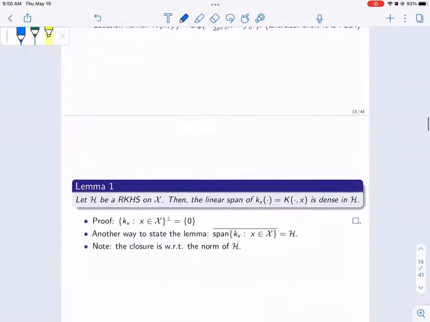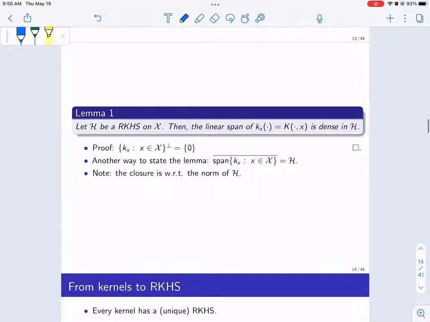So what I want to do now is, the first result that we can talk about is that if H is an RKHS, then the linear span of these representors is dense in H. So what it means is that I can approximate any function in H by a linear combination of a finite number of these.